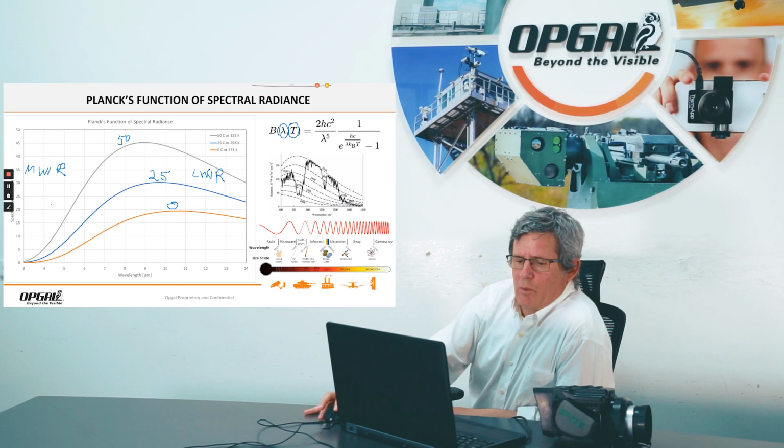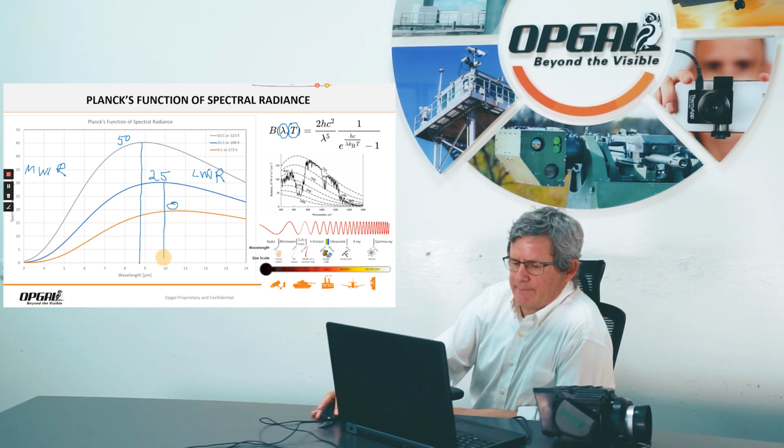So what we can see here is that the peak, the wavelength of maximum spectral radiance for each curve, is showing up at a slightly different wavelength. Here it's over here.